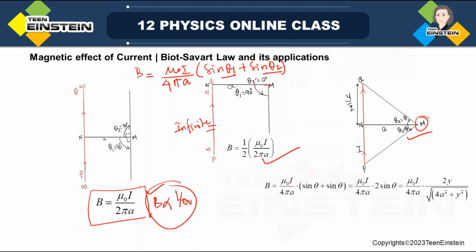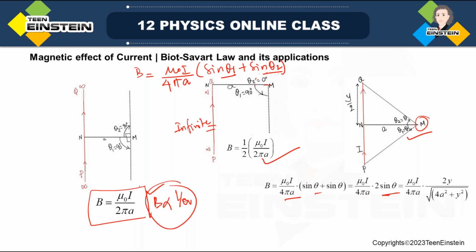So for that case we get mu 0 I by 4 pi a into sine theta 2, sine theta. Now this sine theta, if it is finite in length, this is y by 2. Sine theta I have to find out, right? So y by 2 perpendicular by this length.